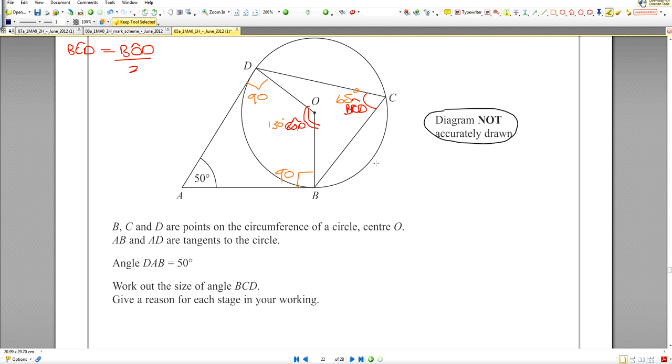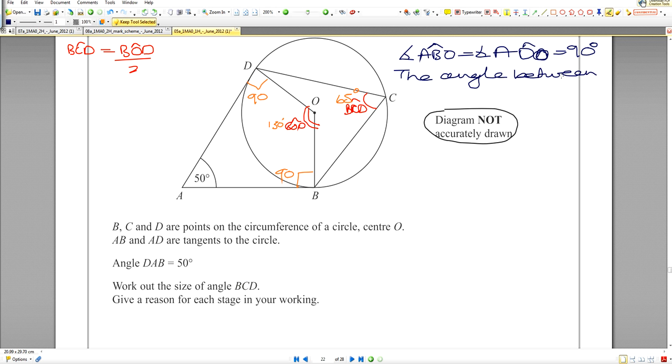Now what do we say? We say angle ABO is equal to angle ADO, which is equal to 90 degrees. Now why is it equal to 90 degrees? Because the rule is, okay, we've made a statement, now we're going to say why.